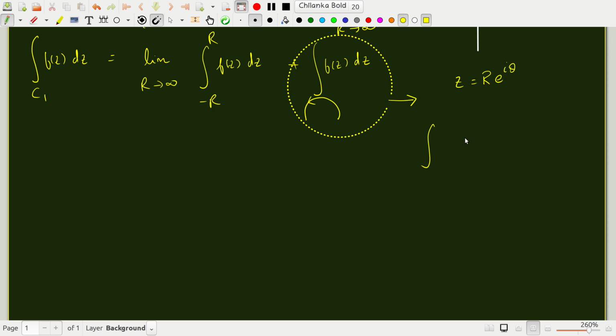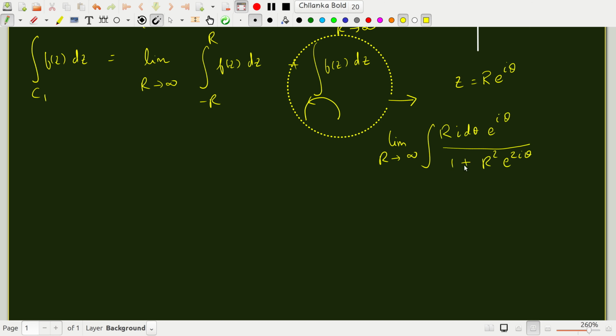In the limit when capital R is going to infinity, R I d theta e to the I theta upon 1 plus R squared e to the 2I theta. I'm just writing 1 plus z squared, right?